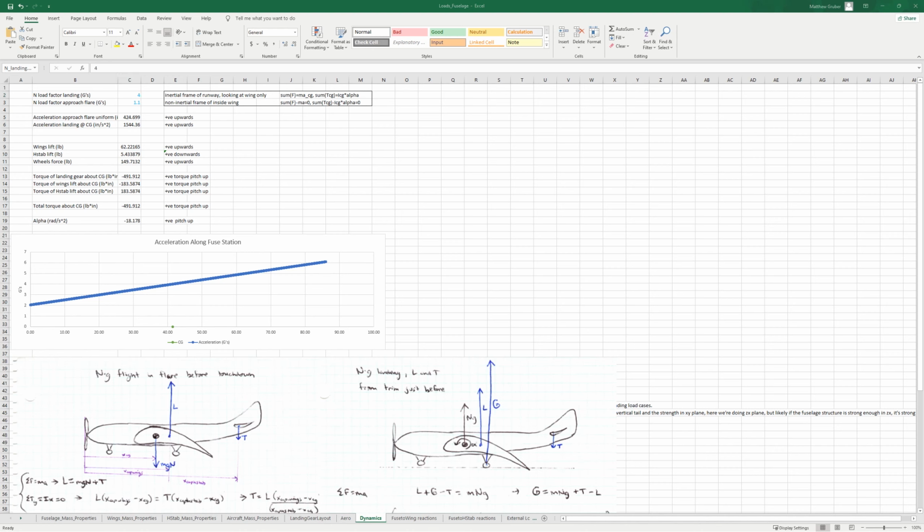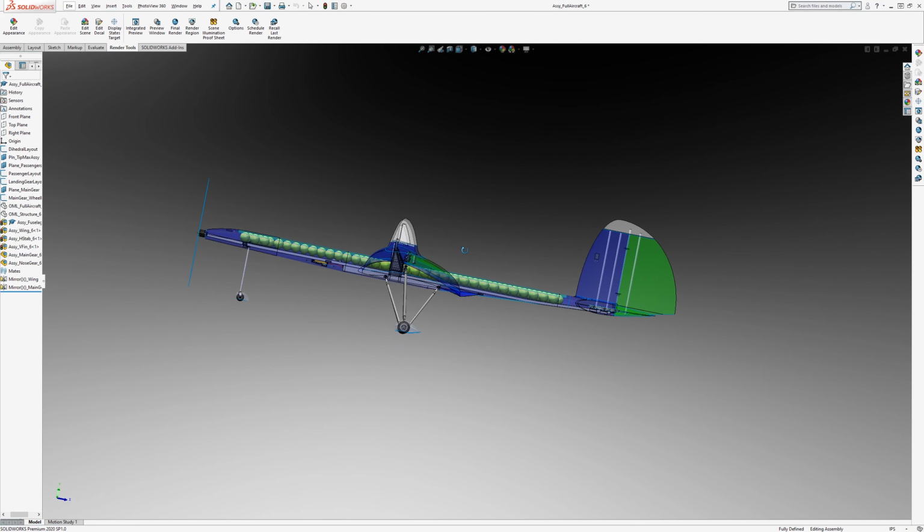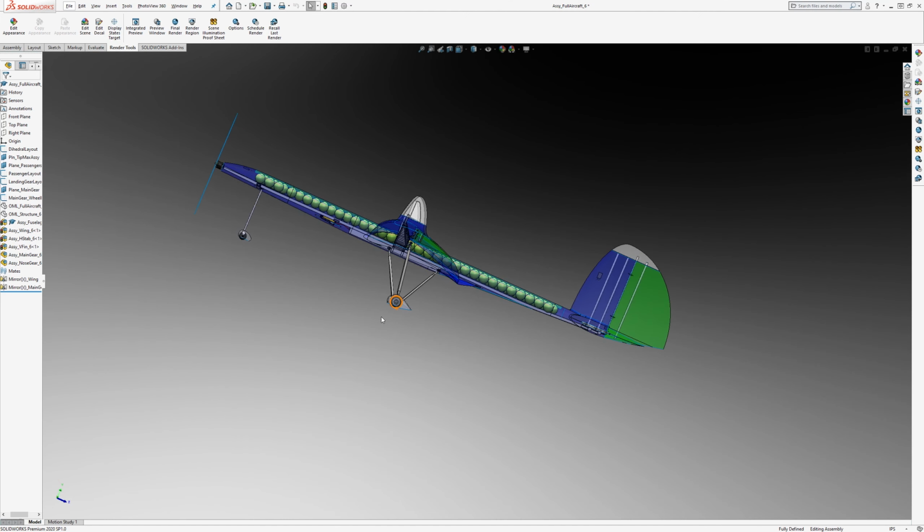So, when you look at the aircraft from the side, if the CG is somewhere in the wing box there, you'd have to be pitching quite high for the reaction to go right through it. That's about where the CG is.